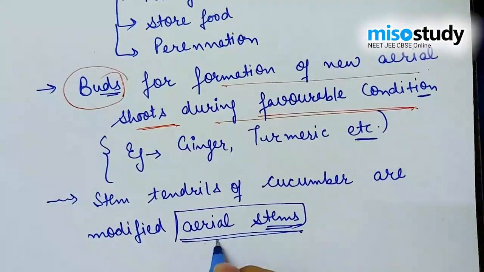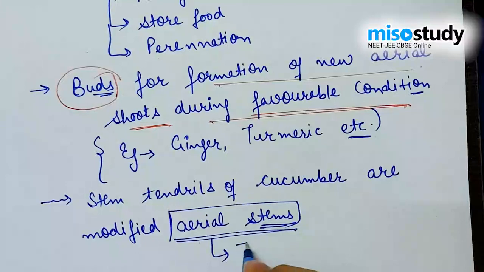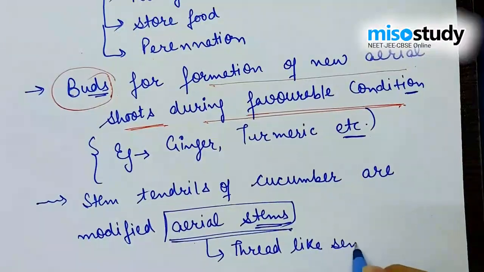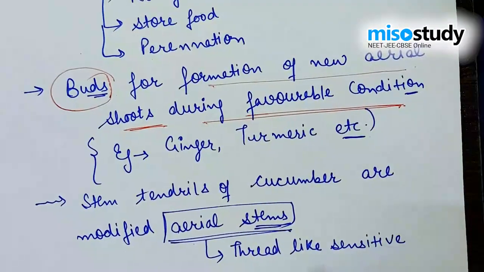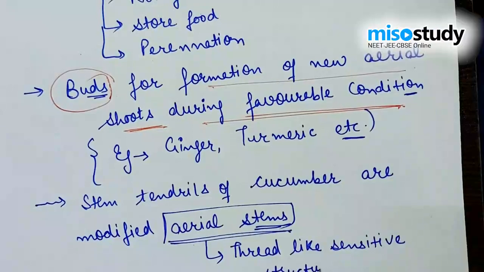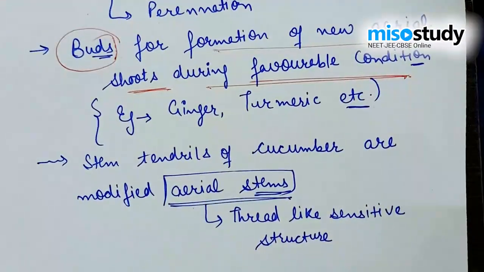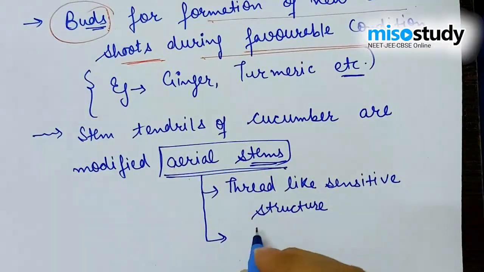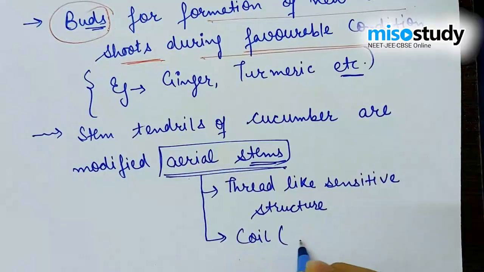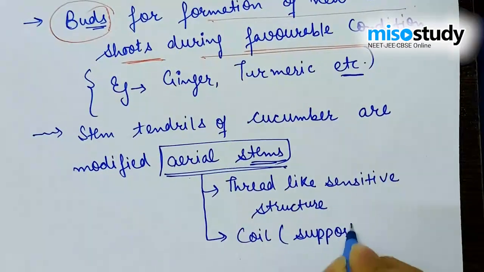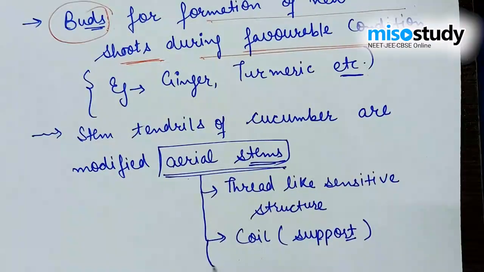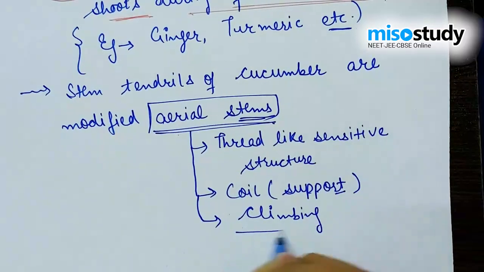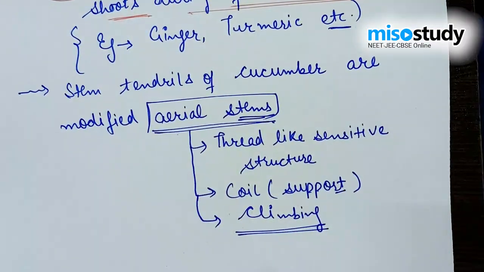Now, how are these aerial stems? They possess a thread-like sensitive structure. That thread-like structure coils around the main support of the plant and also helps in climbing of the plant.